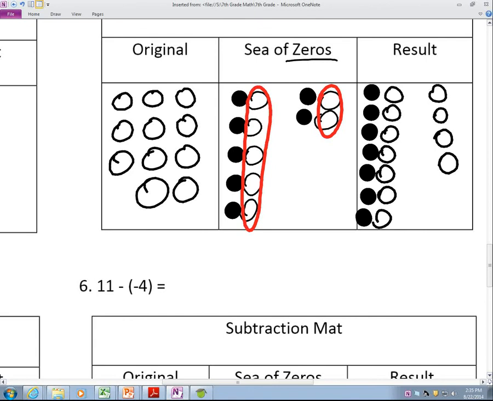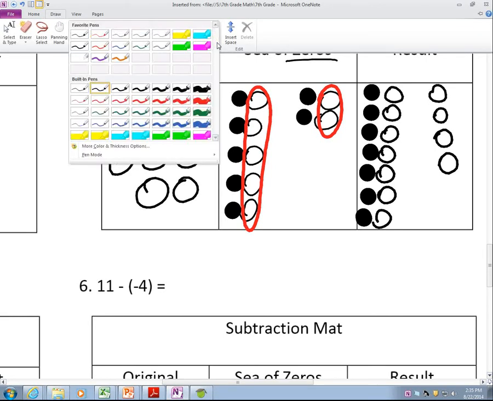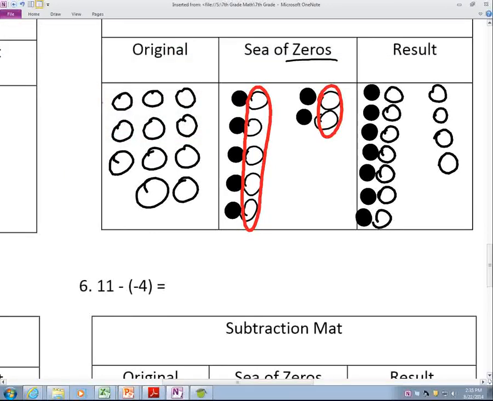Now, how many of these have created zeros? So what's our answer? What's our answer, Johanna? What's the result from what it just indicated here? 4?